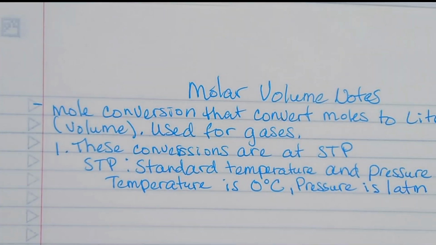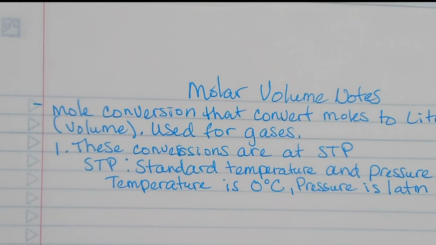So when we're converting back and forth here, we're always at 0 degrees Celsius and 1 atmosphere. In this class, you will always be at STP, no matter what. Most of them do say STP, but as you get into higher chemistry, then they start throwing in non-STP stuff. You have to have it at standard temperature and pressure to do this conversion.